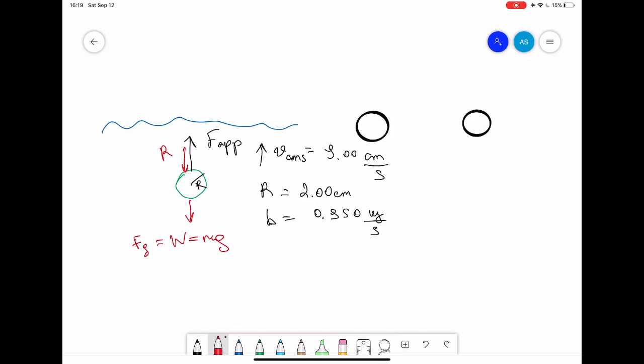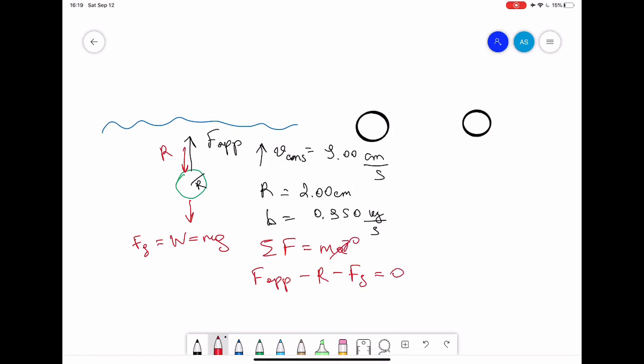So let's write down the equation that the sum of the forces is equal to ma. What are the forces here? First of all, it's the applied force, which is pointing upwards, minus the resistive force, minus Fg. Since the object is moving upwards with a constant speed, the acceleration is 0, so therefore this is equal to 0.